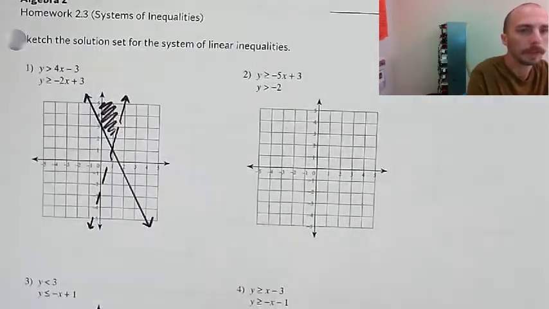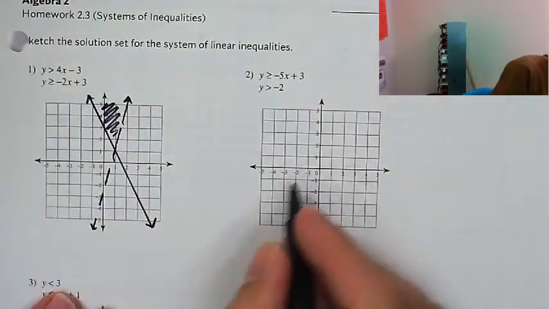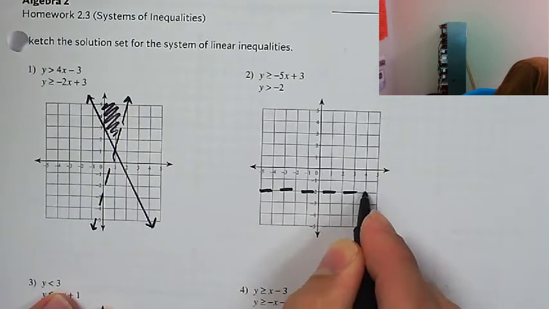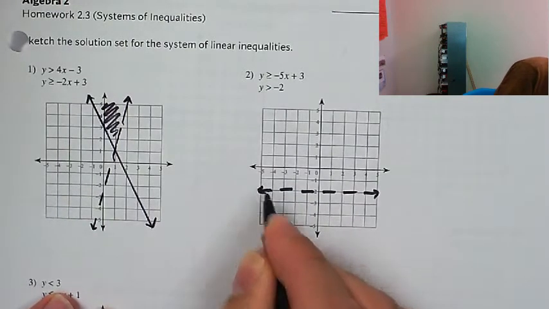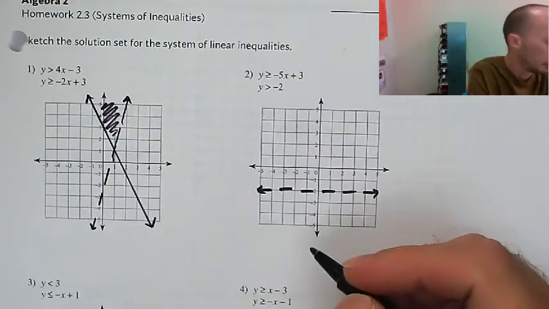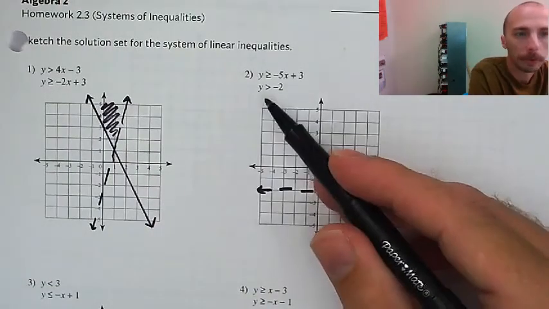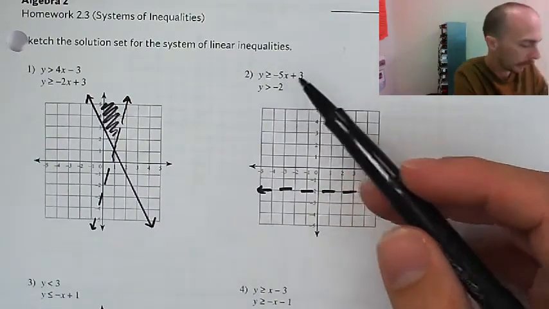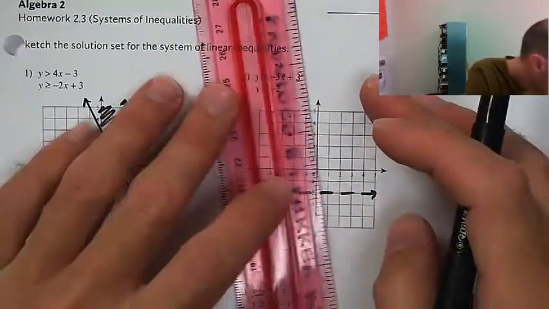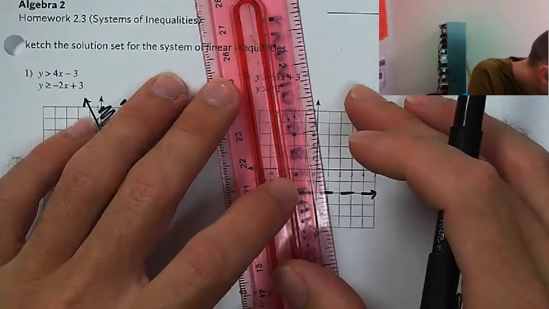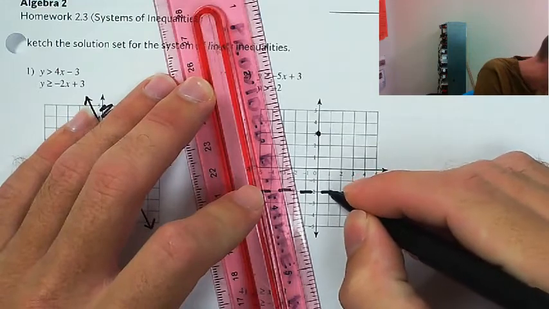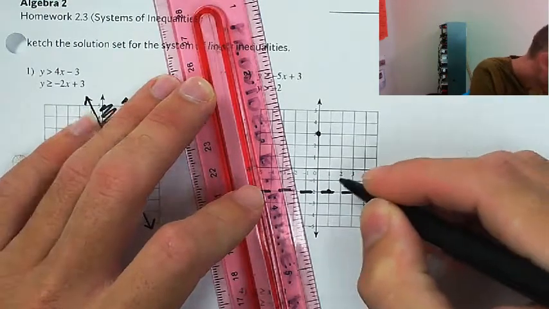Okay. And then this next one, y is greater than negative 2. It's going to be a dotted line. y equals negative 2 is going to be a horizontal line, all the points where y is equal to negative 2. Okay, and dotted because it's strictly greater than. We're going to be up here. And then y is also greater than or equal to negative 5x plus 3. Okay, that's going to be a really steep slope. It's going to go from here to there.